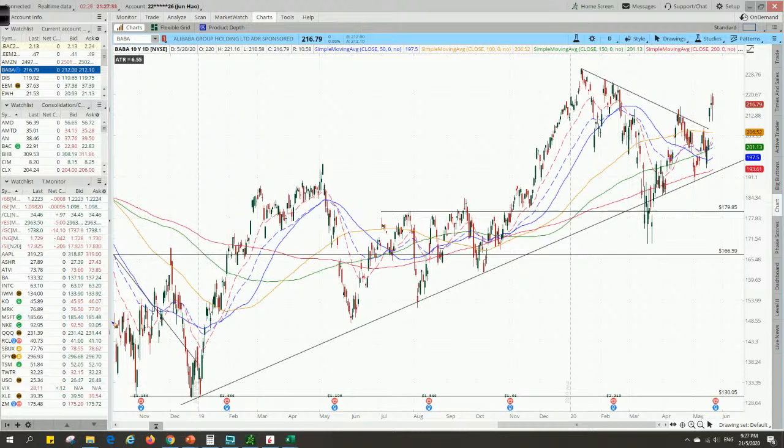Personally, I'm also thinking of initiating positions in Coca-Cola, in Twitter, in TSM as well. But for now, I'll just be taking a position in TSM first.